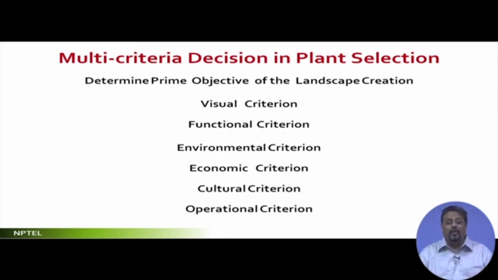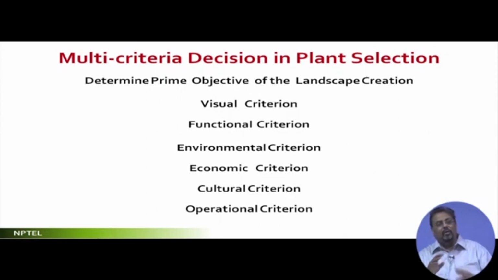But I always felt that the trees or plants which grow in a particular location are culturally most conducive. So if I am asked to put them on priority, I will first put cultural at the top and the rest in no order of priority.